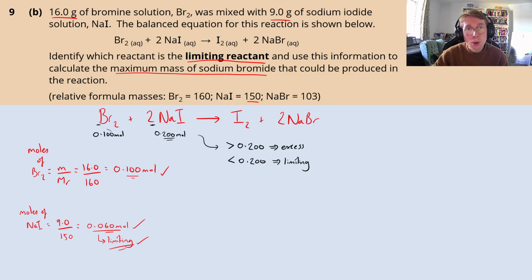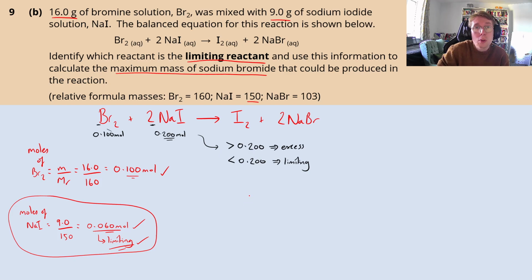Now we need to remember what the definition of a limiting reactant is here. So remember, the limiting reactant determines how much product is formed. So when you're doing any calculations of masses here, you need to be using calculations with the limiting reactant. So with that in mind, because we're finding a maximum mass, that's when we ask ourselves the question, what's the mass of Mr. Mole Rat?